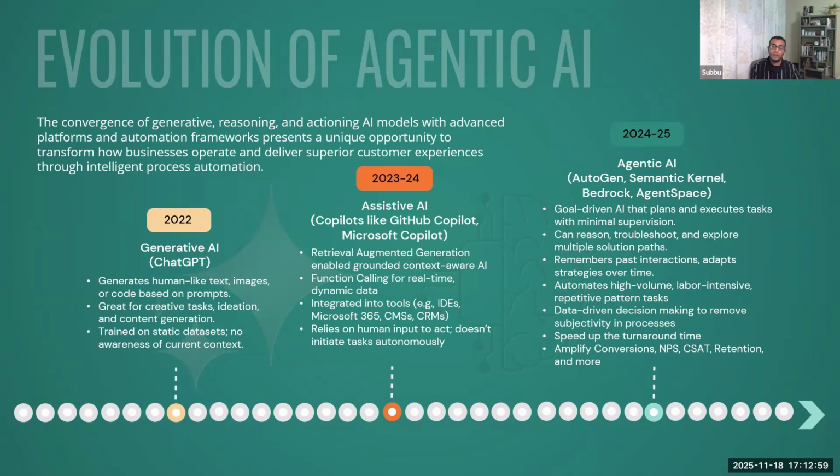Even though these are text models, they have that intelligence built into the models themselves, with which they were able to break down the plans. This was a newer kind of model altogether, different from the generative models. Along with the reasoning and generative models, we had a newer kind of model called actioning models, which can perform actions.